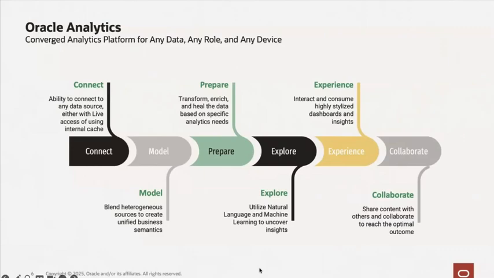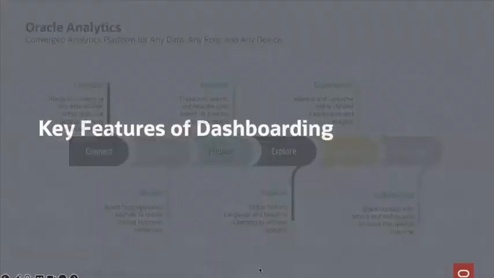But again, today we're mainly going to be focusing in the demo on the explore and experience pane. So how can we use the different built-in tools and visualizations in OAC to create a story, to create rich insights from your data.